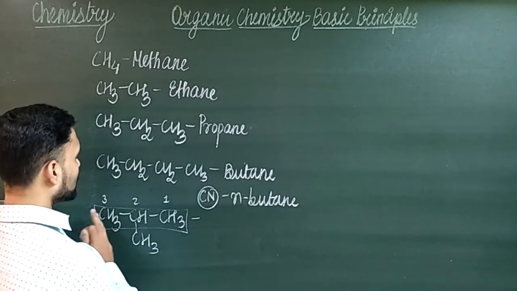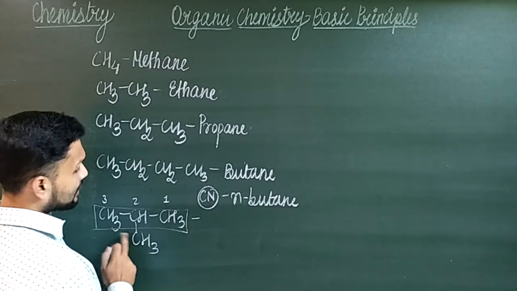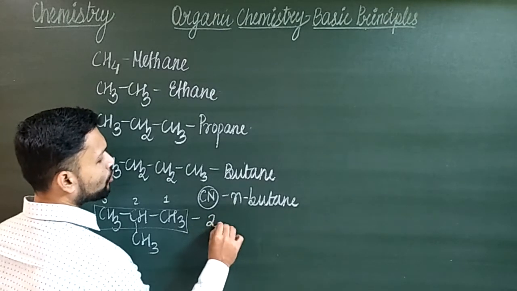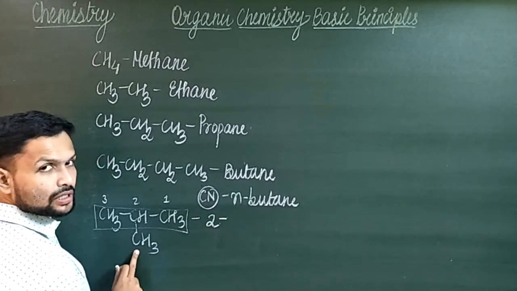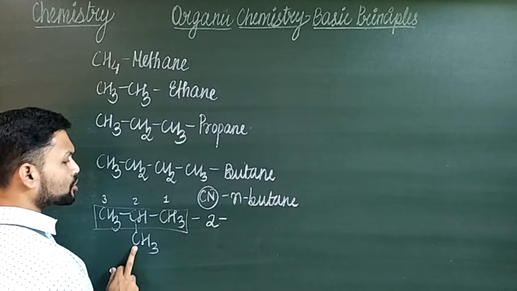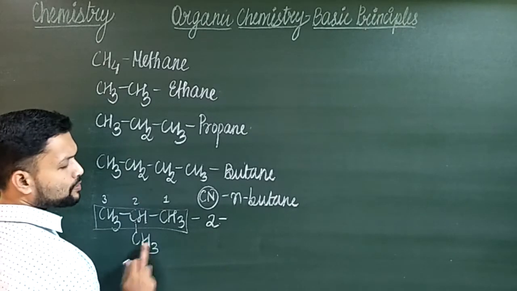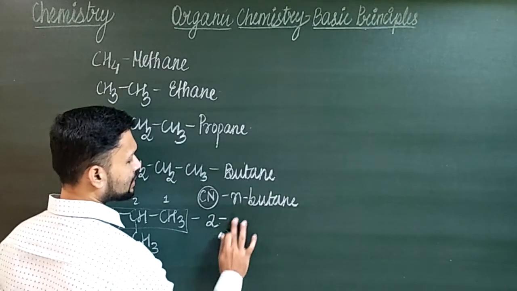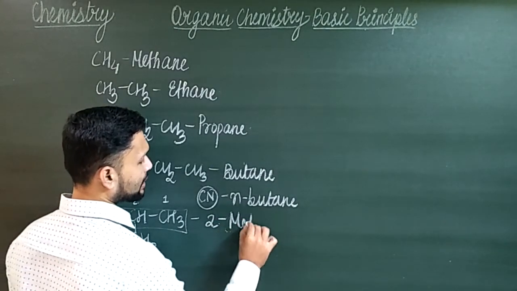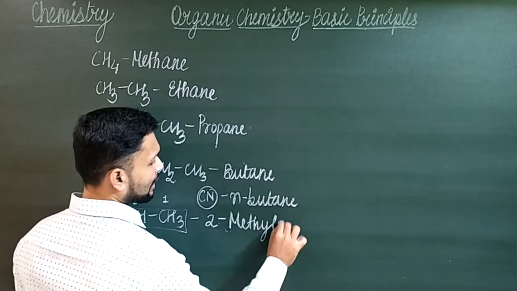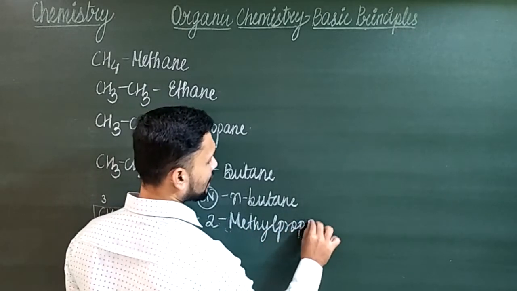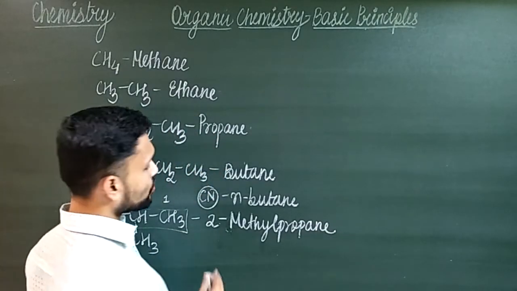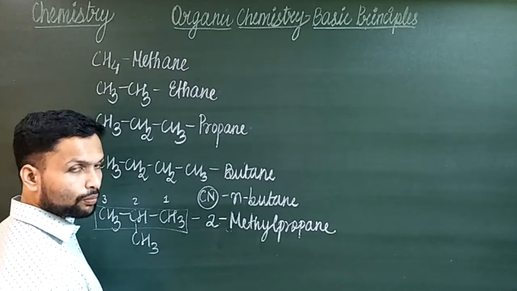So it is irrelevant whether I start from here or from here. When we write the IUPAC name, the locant of the substituent, a simple substituent, is written first, then a hyphen, and the first letter is small, methyl, and all other letters are small. The longest chain is of propane, so the name goes as 2-methylpropane.